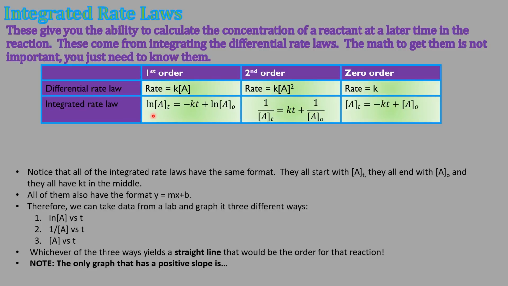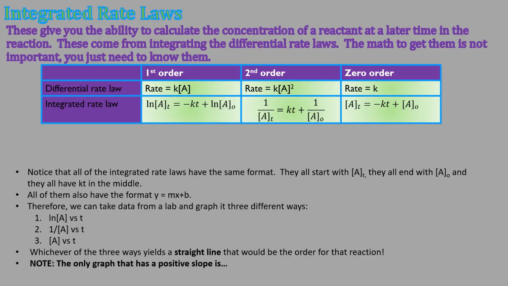All right, so the integrated rate law for first order, right? This is first order because there's an invisible 1 as an exponent to A here. And so the integrated rate law for that looks like this.